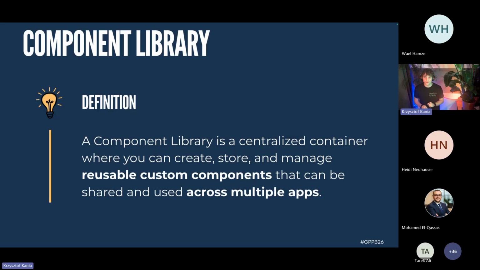Next to components, we have component libraries. Component libraries are not that often referred to now. I think it's because of the current approach of YAML code, but component libraries allowed us to create a so-called standalone application that stored components as references for other applications.